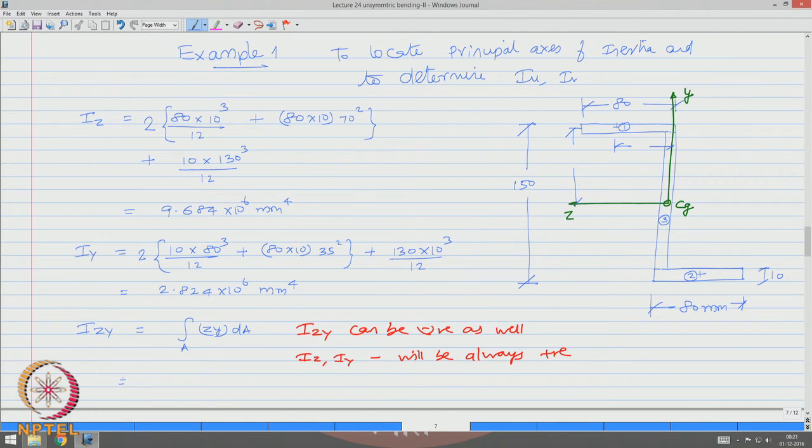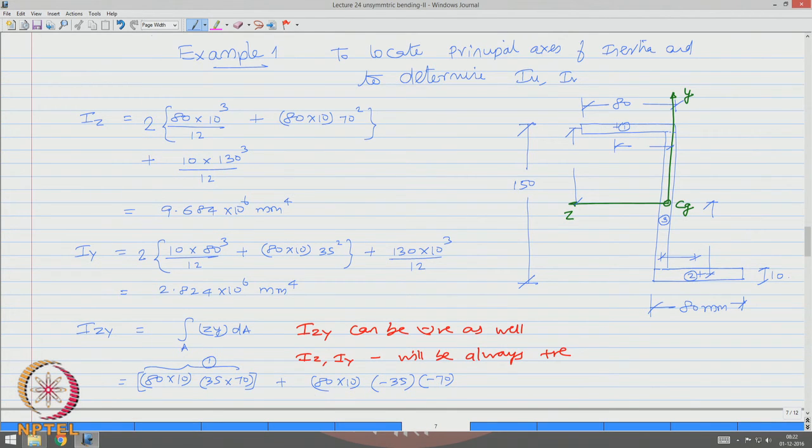So, I zy is going to be, for the top flange, 80 into 10. The z coordinate of this flange will be positive, so it is plus 35, and the y coordinate is also positive, 70. This is for member 1. For the bottom flange, the area will be the same, but the z coordinate will be minus 35 because it is in the opposite direction of z, and similarly this distance is opposite of y, so minus 70.